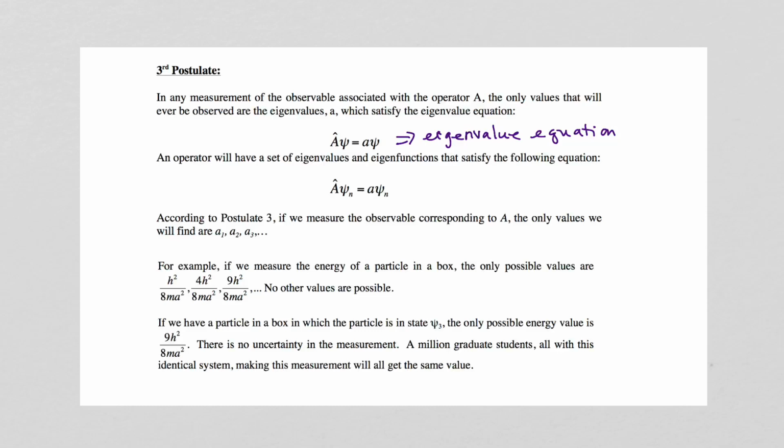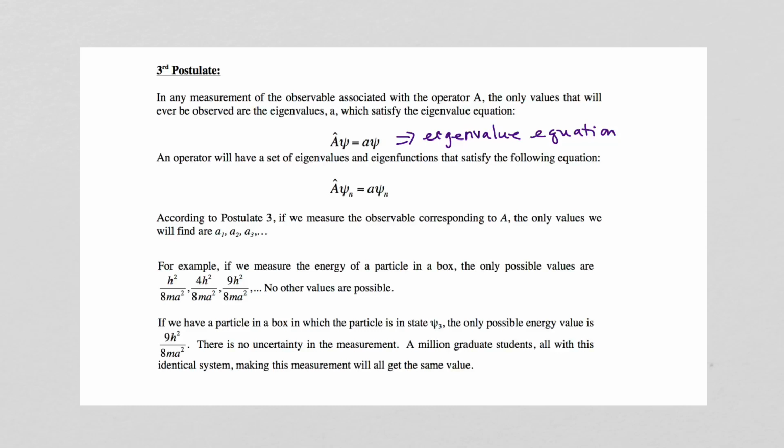You're not just multiplying these things together. Okay, it's your operator acting on your wave function, spitting out your wave function back at you. So you'll get the same wave function back that you started with over here, but it's going to be multiplied by some constant. Okay, and if you don't have that situation, then you don't have an eigenvalue equation, or you don't have a wave function that is an eigenfunction of your operator.